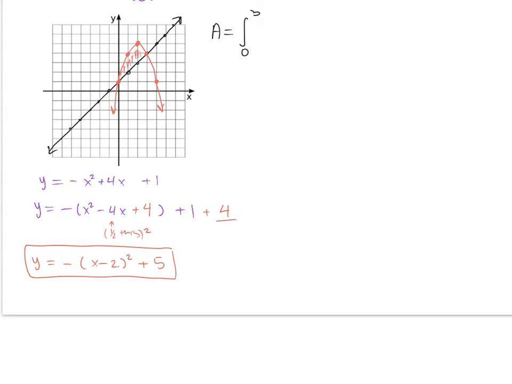Notice that because we're using x's in our integrand, we use x's in the bounds. Later on today, we're going to use y's in the integrands, so we'll use y's in the bounds. Okay, who's the upper curve? Yep. Negative x squared plus 4x plus 1.